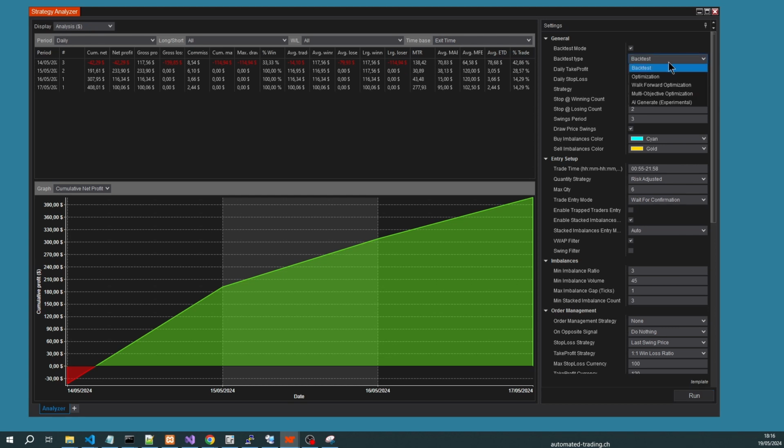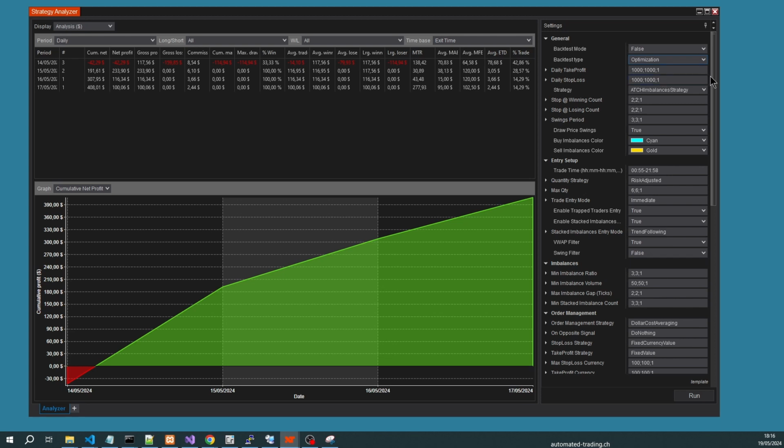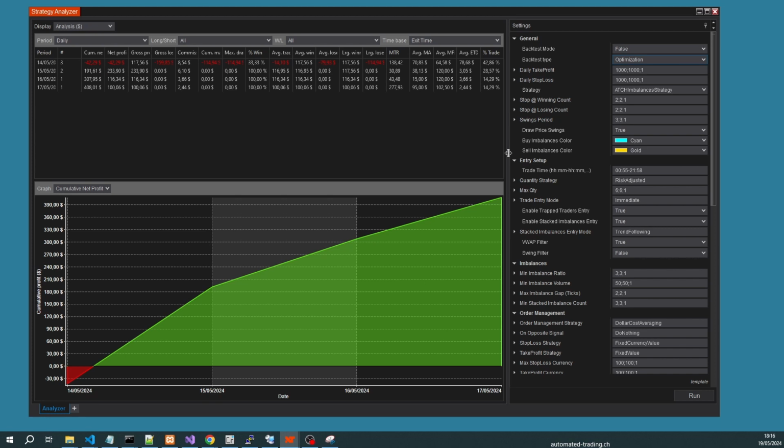To do this, you select optimization in here, and there you can select the intervals you want to iterate over for parameters. For example, let's start by setting this always backtest mode. You should set it to true if you are in backtest, optimization, or historical mode. So we set this to true.